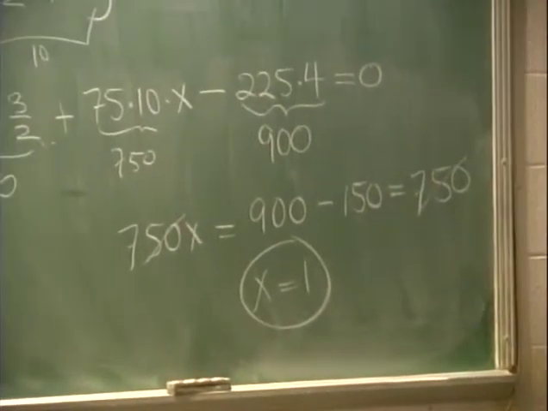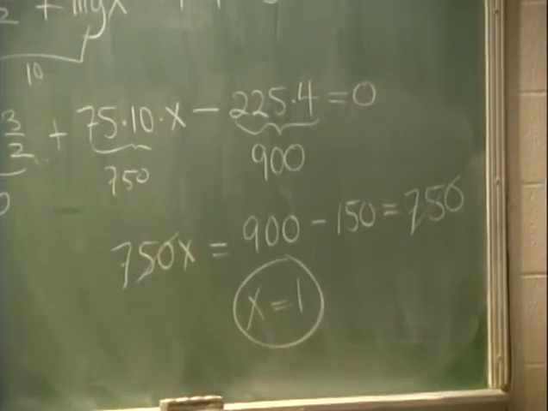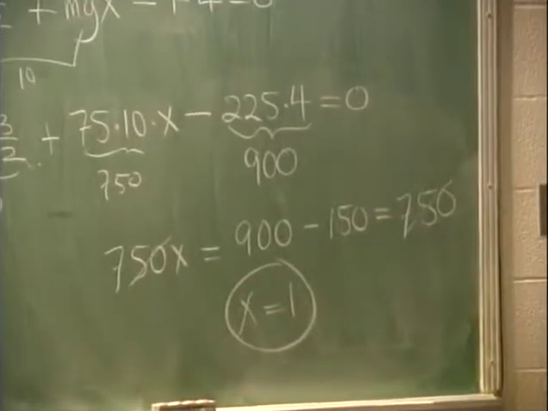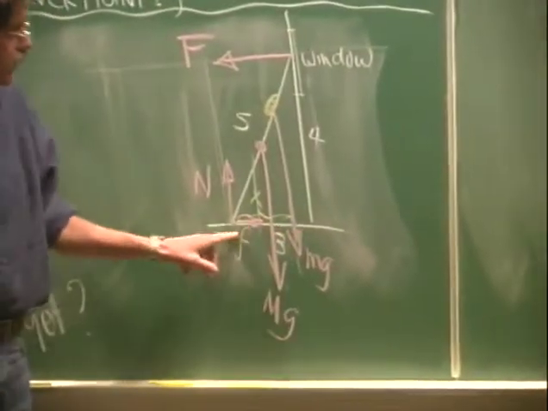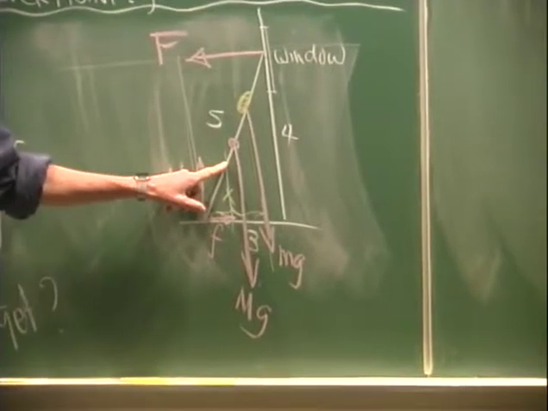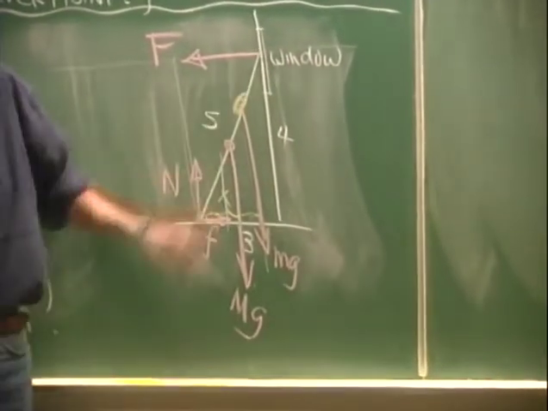This guy makes it up 1 meter. No, he doesn't make it up 1 meter. He makes it horizontally 1 meter, which, by the way, is 1/3 of the horizontal distance. So evidently, he makes it 1/3 of the way up the ladder, and at that point, the window breaks.